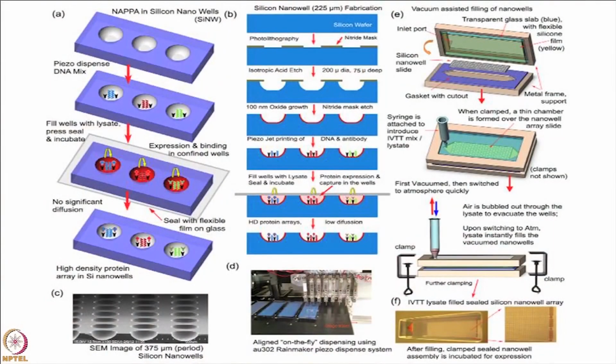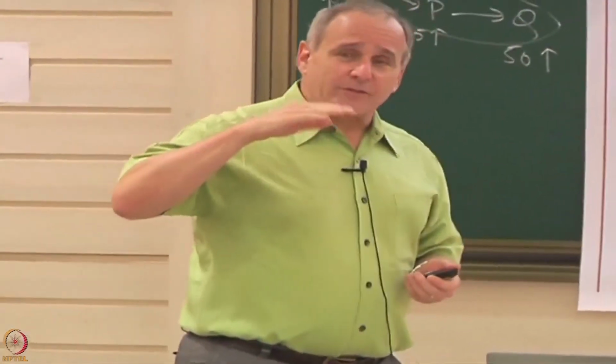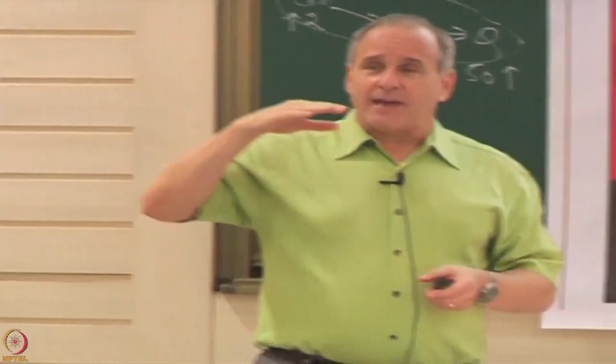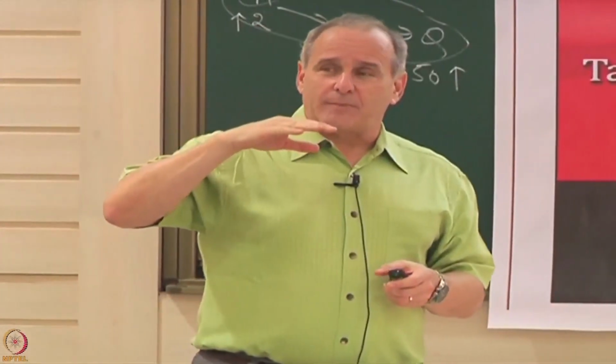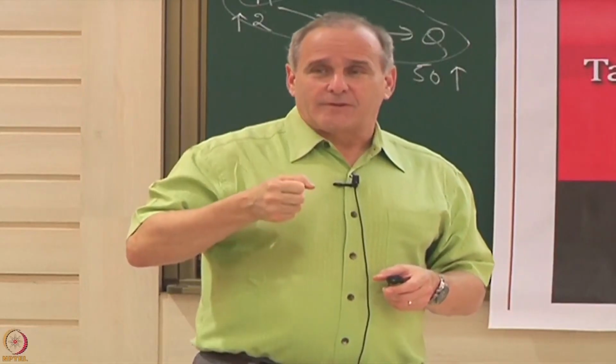So you end up printing the DNA in the well. Then once you do that, you add cell-free lysate across the entire surface of the array. And that liquid is intended to get into the wells. And then you cover it with a cover slip. And you can see that cover slip right there. That also turns out to be non-trivial, because when you have small wells like that, there's a tendency for the liquid, because it's hydrophilic, to not want to go into the wells.